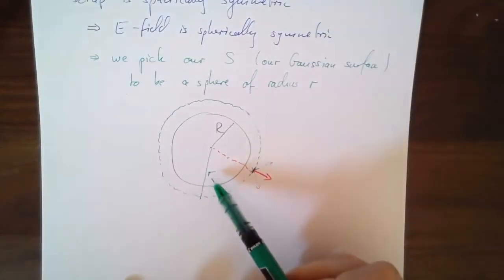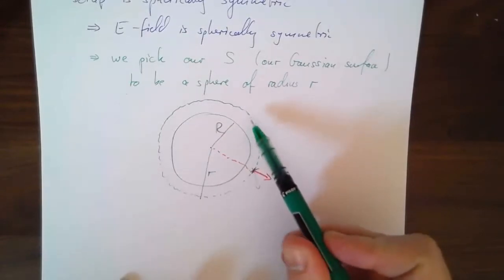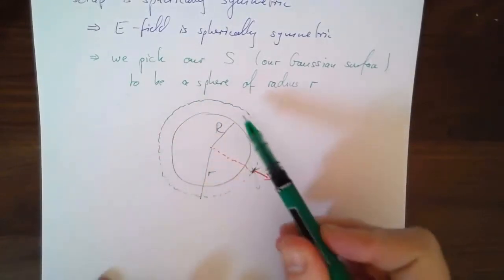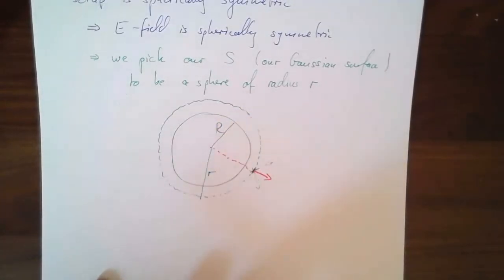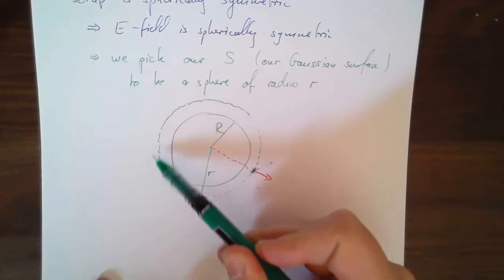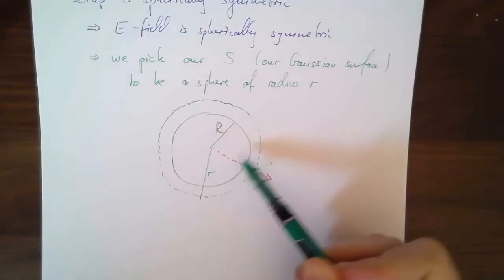We choose our sphere to be our imagined Gaussian surface. This is a mathematical thing we come up with. What's physically there is the solid sphere of radius capital R. We're going to imagine this sphere here because it includes our point and because it matches the symmetry of our setup.